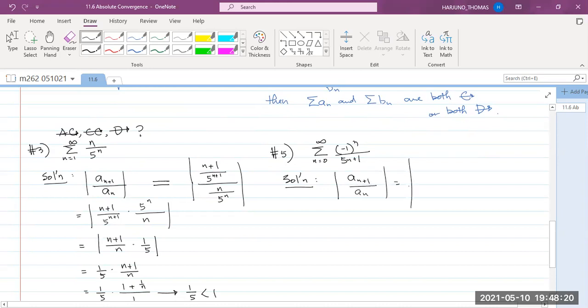That is the ratio of negative 1 to the n plus 1 over 5 times n plus 1 plus 1 over... because it's absolute value, a lot of things cancel, right? So we get 5n plus 1 over 5n plus 6.